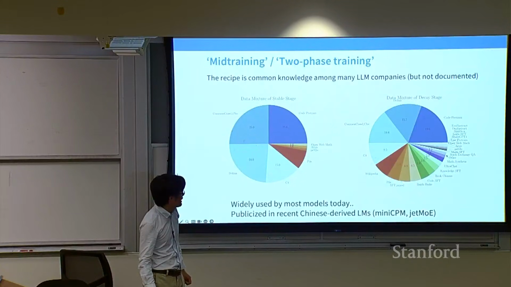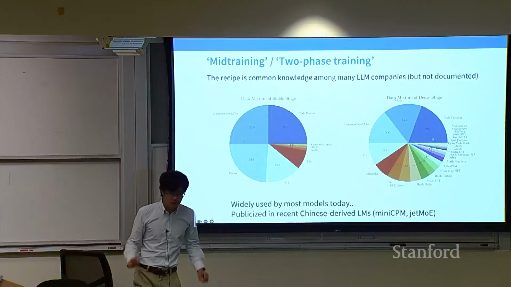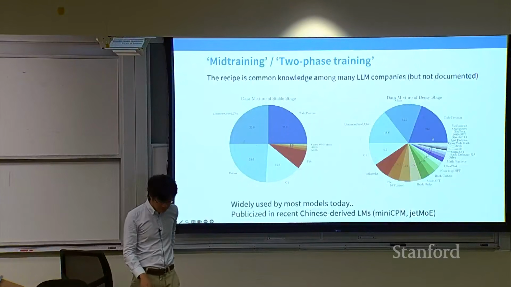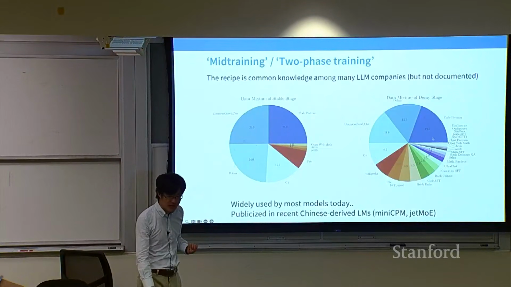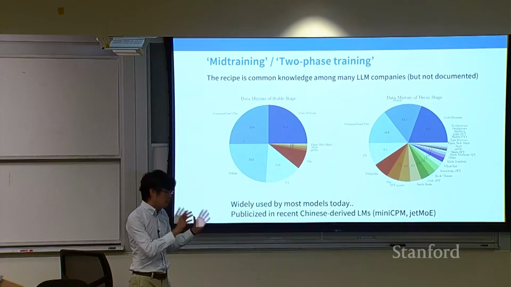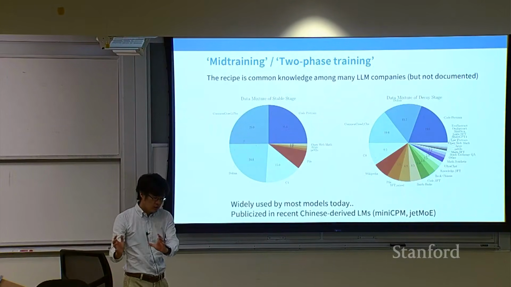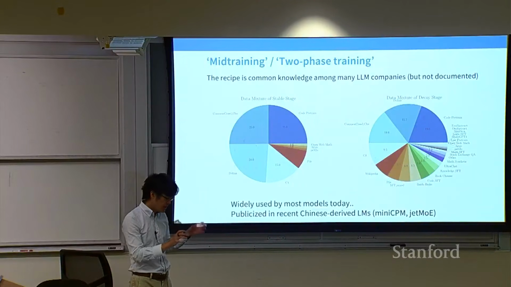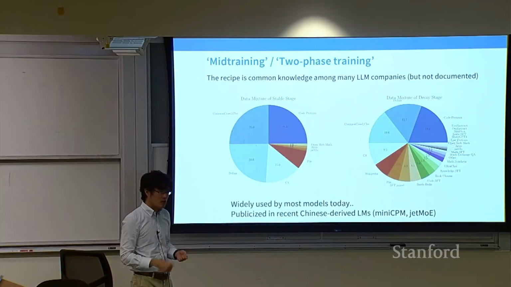You've got Stack Exchange QA, you've got UltraChat, you've got all sorts of other SFT data, and you've decreased the fraction of standard general purpose pre-training data. So almost everyone does this today. You can think of the point of this as saying the boundaries between pre-training and instruction tuning and also high-quality data are being blurred very much.